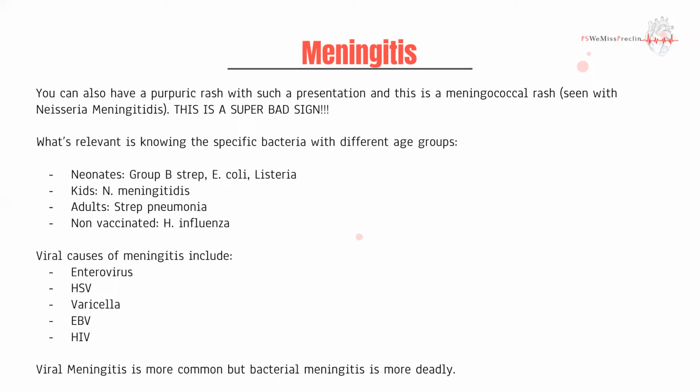But if the person is anti-vax or doesn't believe in vaccines, then you might have to consider Haemophilus as well. Whereas with viral causes, as I mentioned, enterovirus, echovirus, HSV, varicella, EBV, HIV, all important causes to consider. You often may treat viral causes quite conservatively and consider antiviral therapy if it is debilitating or they have a poor response.